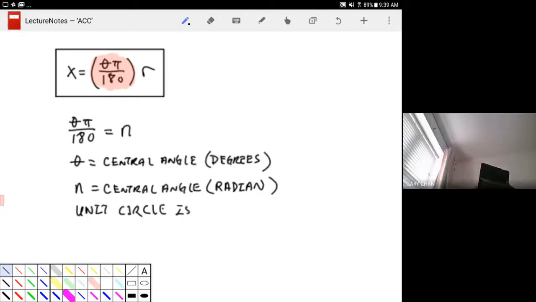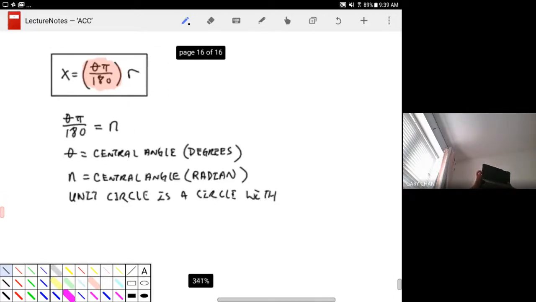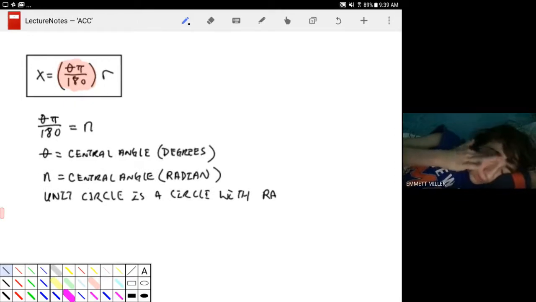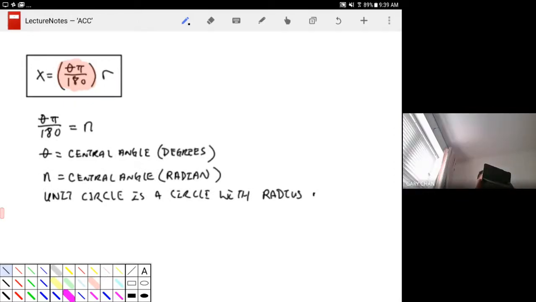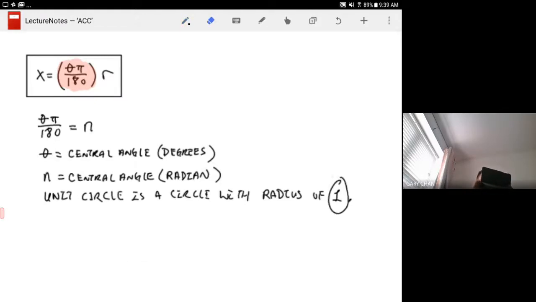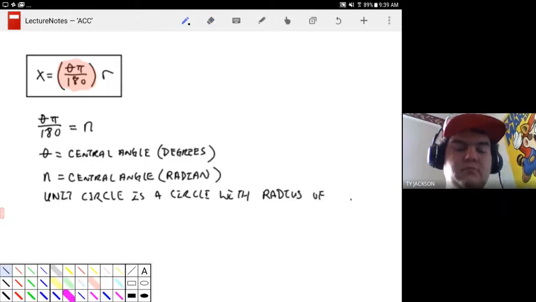Emma, do you remember? Radii of 1. So it's a circle with a radius of 1.